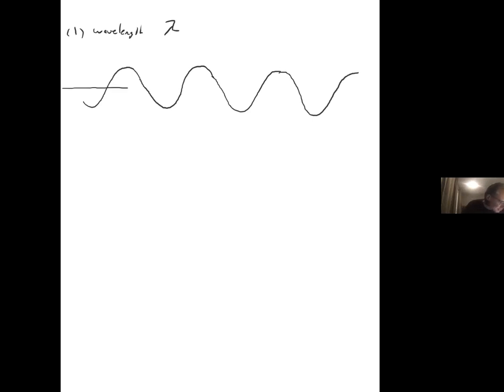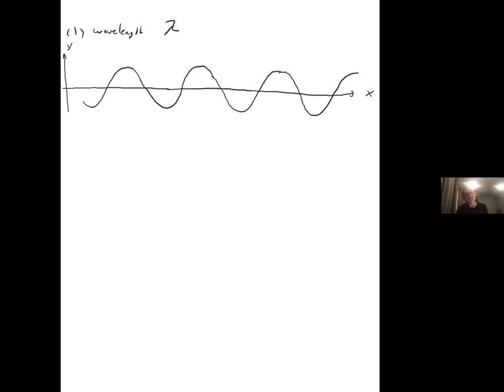So wavelength, I'm going to draw a little coordinate system here. This is the x-axis, and this is the y-axis right here. Okay, so notice this is general. This is the general form of a wave. Not all waves look like this, but the ones that we deal with in this course will. It's a sine wave, essentially.